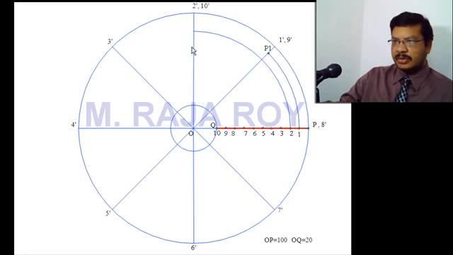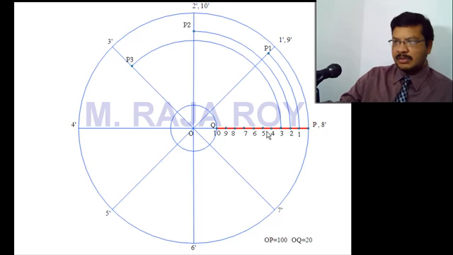Draw an arc up to this line, that means the O2 dash line. This point is now P2. Next, O as center, O3 as radius. Draw an arc until it intersects with the O3 dash line. This point is P3.